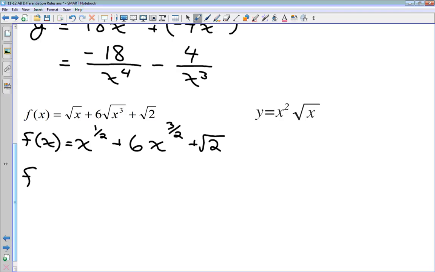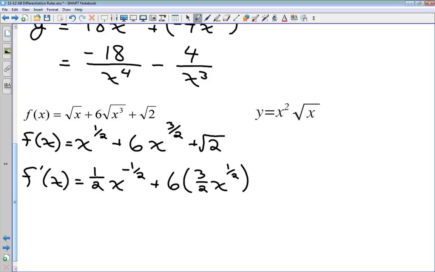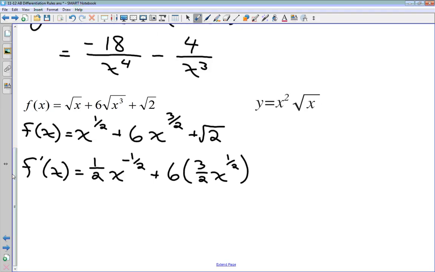So let's go ahead, take our derivative here, bring down our exponent, 1/2 x to the power of 1/2 minus 1 is negative 1/2. And then our next term is going to be 6 times 3 over 2, bringing down the exponent, x to the, let's see, 3 over 2 minus 1 is 1/2, or 1 over 2. And now we can clean this up a bit.